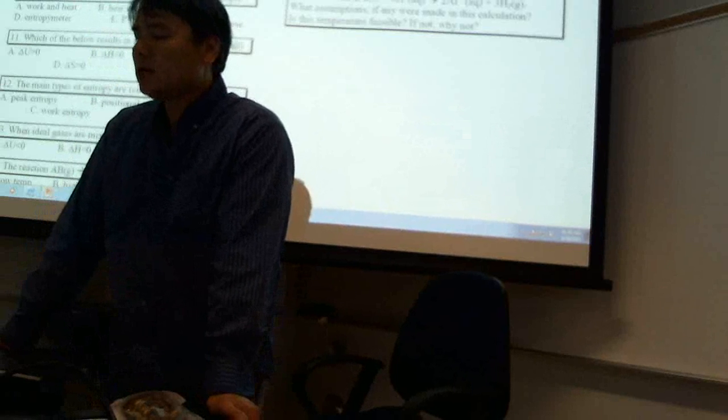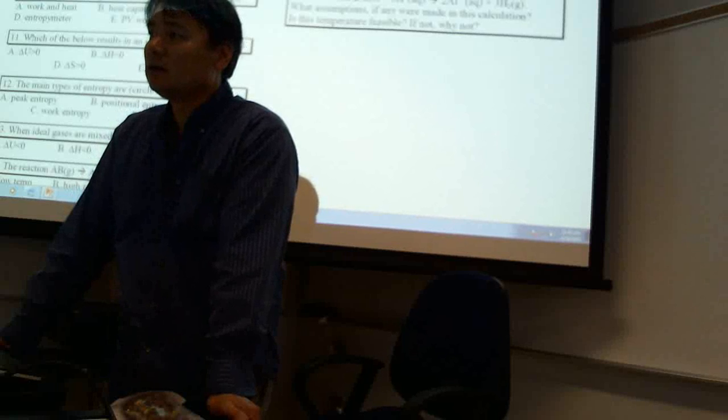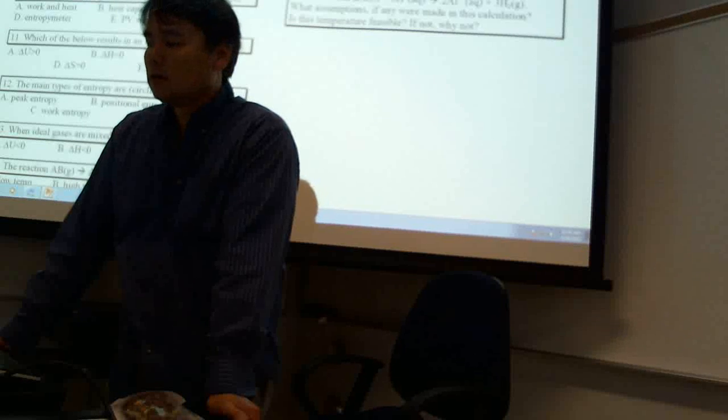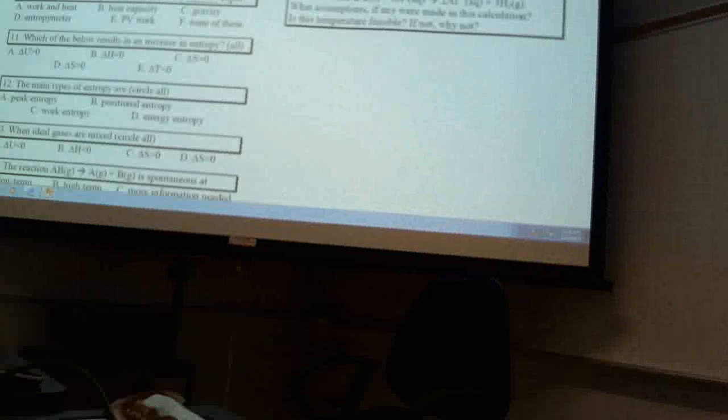What about delta H less than 0? That should do it, because that should dump heat into the surroundings. But that's for chemical reactions. For physical processes, sometimes it doesn't.